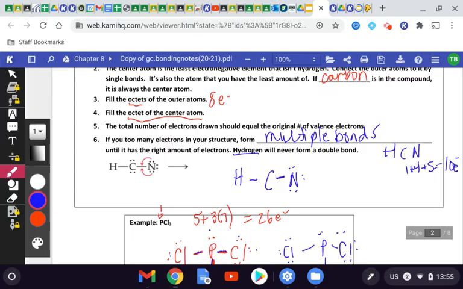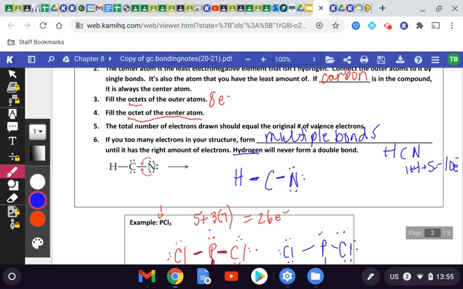Well, it does have 2 electrons around it right now. You cannot add more electrons around hydrogen because it's not even possible. It's only in energy level 1. Max electrons energy level 1 can have is 2. So hydrogen always has its octet with just 2 electrons. So remember that. That is unique to hydrogen only.